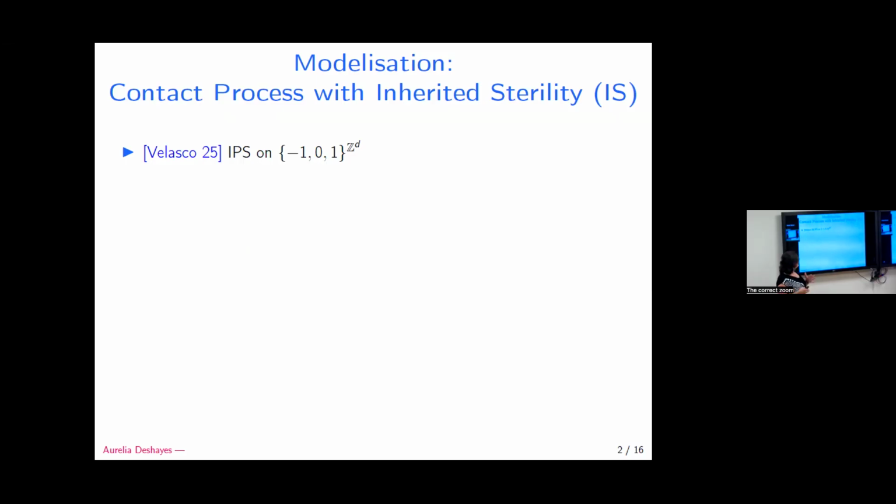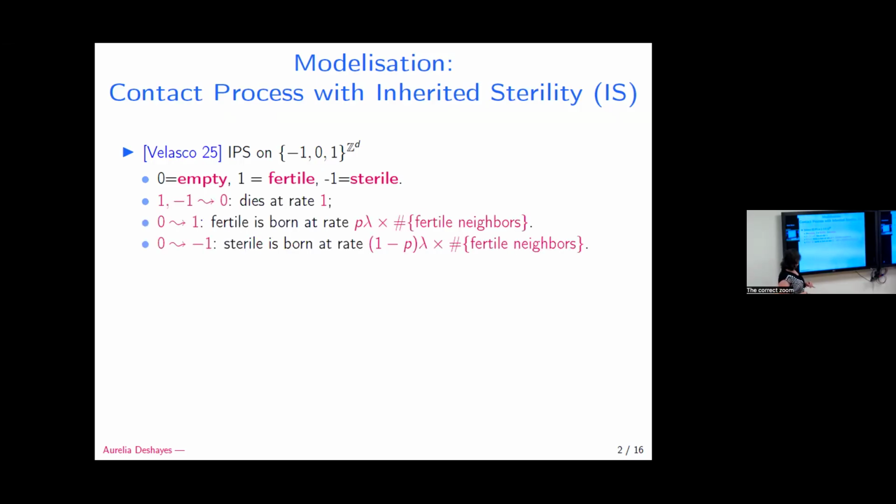So the idea is to take an interacting particle system on Z^d, and each site has 3 states: -1, 0, 1. The 0 means empty, the 1 is fertile, and the -1 is sterile. And the dynamics are the following ones. The 1 and -1, fertile and sterile, will die at rate 1.